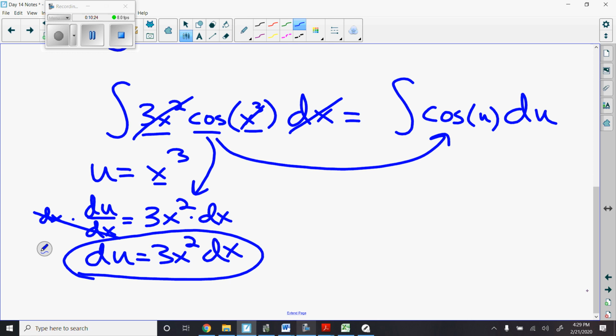I'm thinking of this as just the integral of cosine, and I know the integral of cosine is sine. So I just go ahead and do this integral, now in terms of u. The integral of cosine u du equals sine of u plus c.